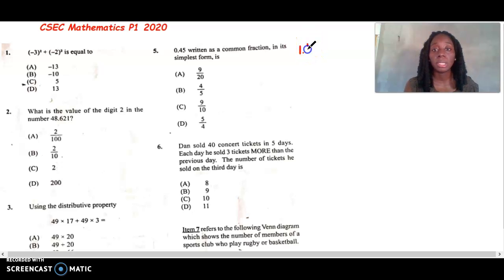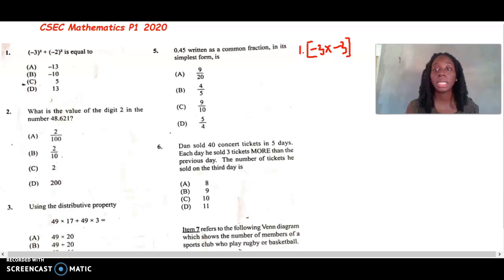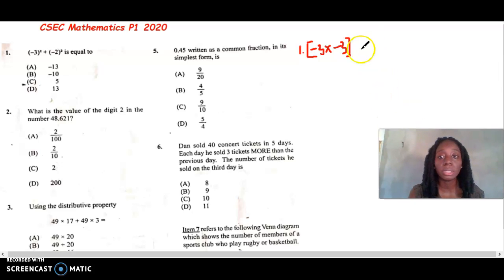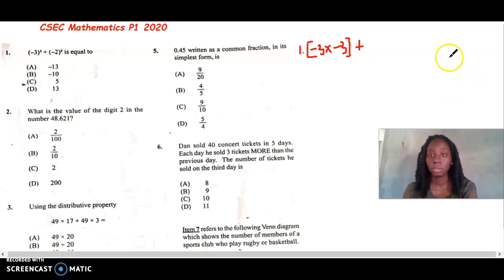So in this case, -3 squared is simply -3 times -3. And to that we want to add the square of -2, which is -2 times -2.